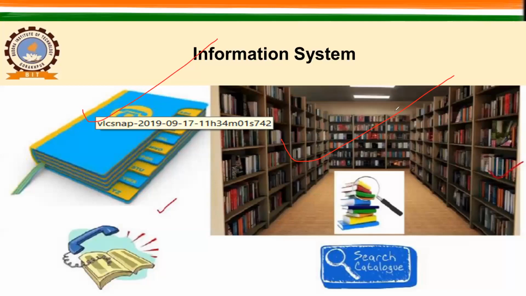That is also an example of an information system. And nowadays, with Google, whenever you want to learn something or know about some topic or subject, you just Google, you get some answers, and then you analyze whether it is correct or wrong. So this was related to information system.